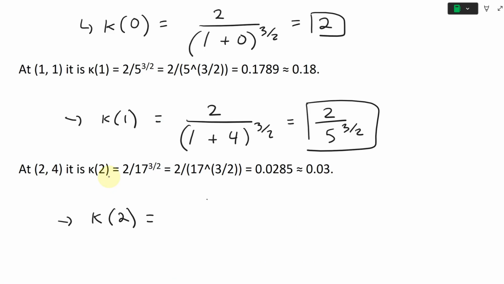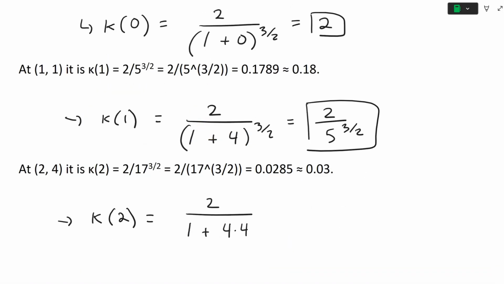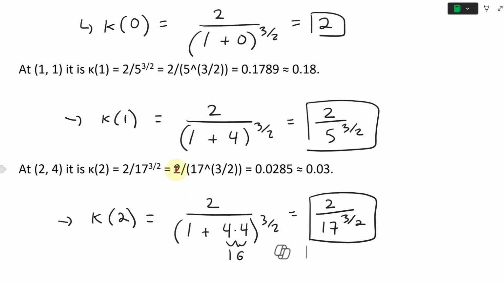This equals 2 over 1 plus 4 times x squared, which is 4, so that's 16, and then add them all up, this is 17, to the power of 3 over 2. Then if you write it like this, 2 divided by 17 to the power of 3 over 2, with the proper brackets, you can calculate it with the built-in OneNote calculator. For example, equals space, like that, and then this is 0.0285 or approximately 0.03.